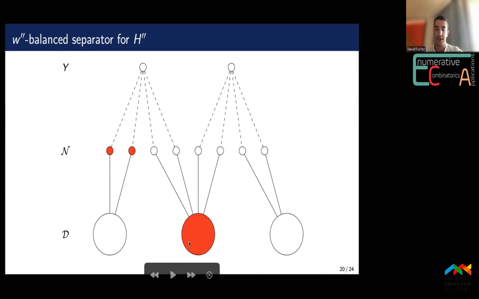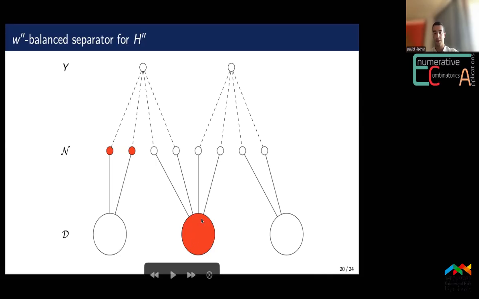But notice that if instead of removing this component, we removed these guys here, so the neighbors of the component in H double prime, then similarly this would split the graph, and it would also cause every component to have weight at most a half, because these guys we know each have weight at most a half. And conveniently, we just showed that the degree of these guys is bounded.